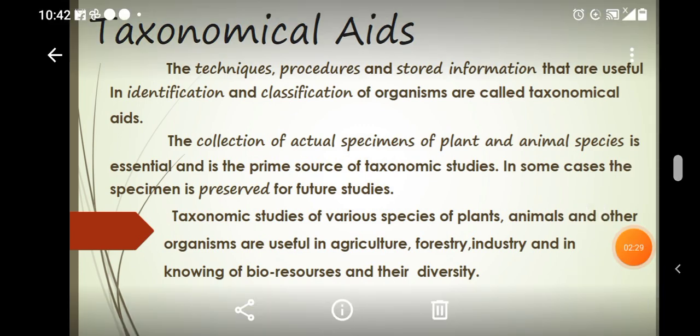These taxonomical studies are essential for training in systematics and used for classification of an organism, and the information gathered is also stored along with the specimens. In some cases, the specimen is preserved for future studies.